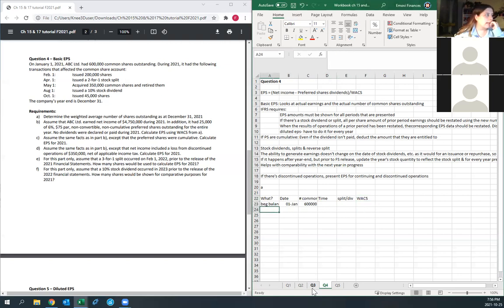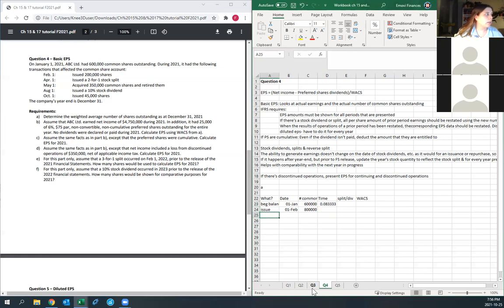And then on February 1st, the company issued 200,000 shares, so that means there are 200,000 shares more. So in total, they have 800,000 shares. So for the time here, you only had 600,000 shares for 1 month out of the year, right? So I'm going to put 1 divided by 12.